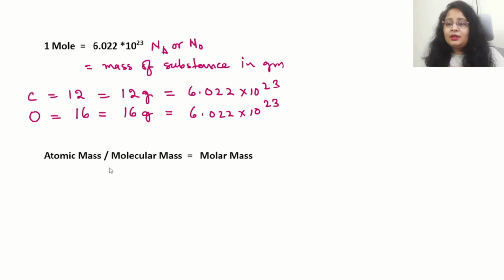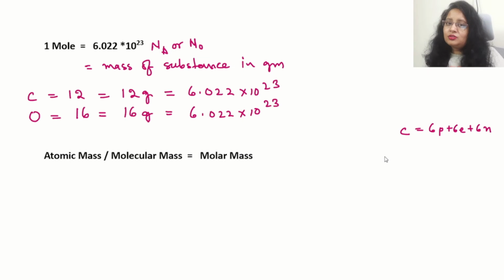Now what is atomic mass and molar mass, and what is the difference? Atomic mass or molar mass is simply the mass of the substance. If any atom, suppose I told you about carbon, carbon has 6 protons, 6 electrons and 6 neutrons.